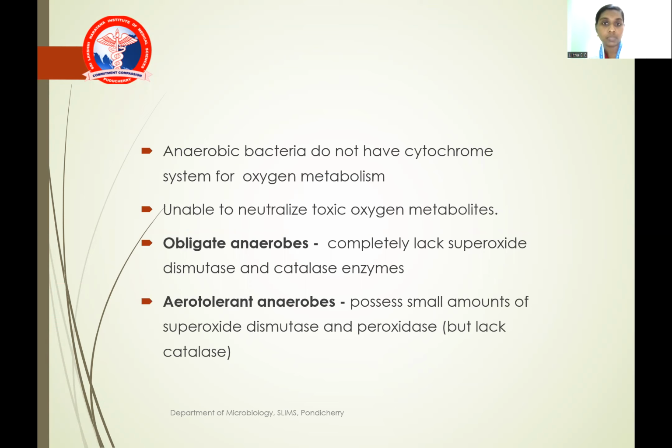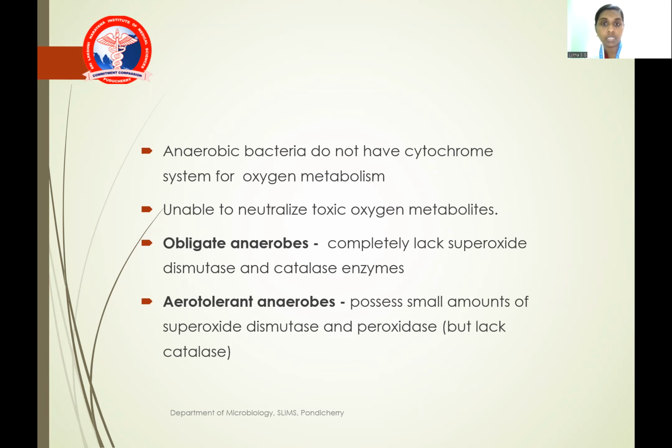Normally, in those bacteria which can utilize the oxygen for their metabolism, they have certain enzymes, that is a cytochrome system. It contains certain enzymes like catalase, superoxide dismutase, etc. This will help to neutralize the toxic metabolites which are formed as a result of the aerobic metabolism.